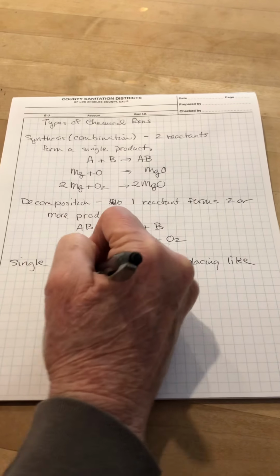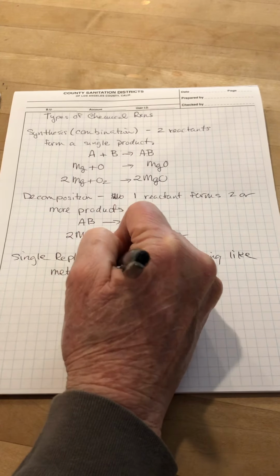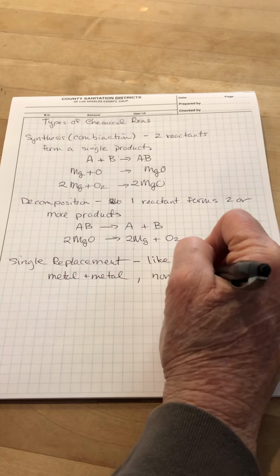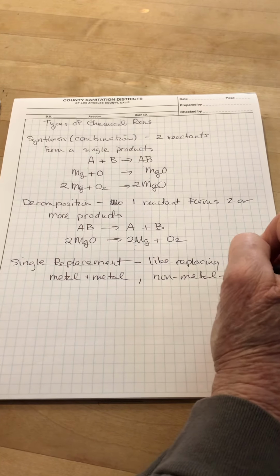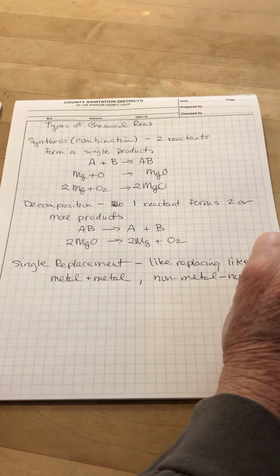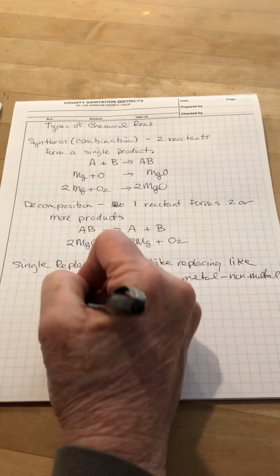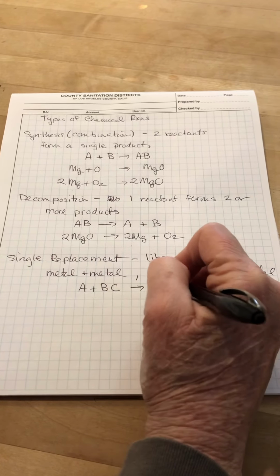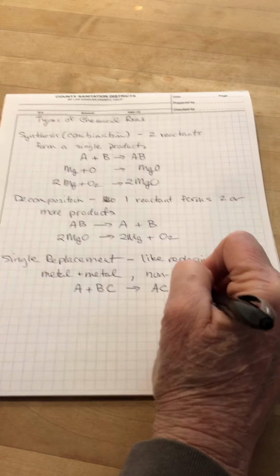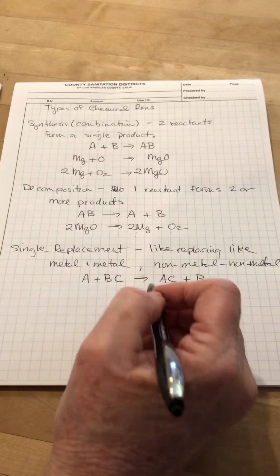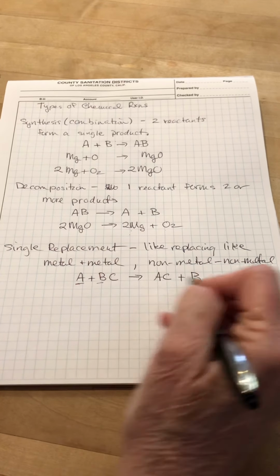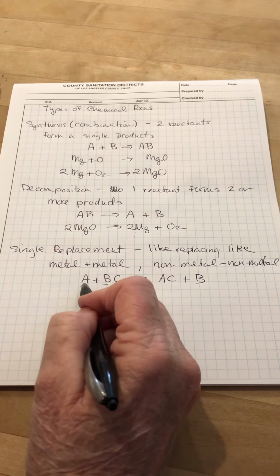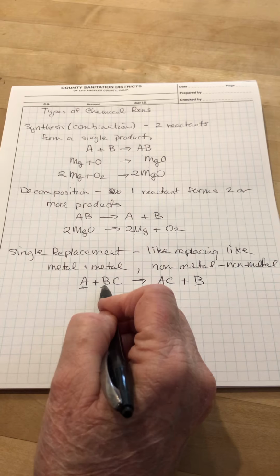So one metal replaces another, or a nonmetal will replace a nonmetal. Okay, the form for this is A plus BC goes to AC plus B. Now, if this seems kind of weird, think of A and B as being potential cations. Cations always get written first. So the metal, which wants to be a cation, goes in and replaces the other metal.